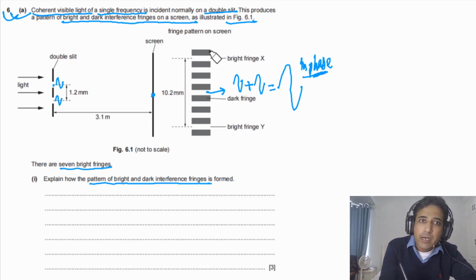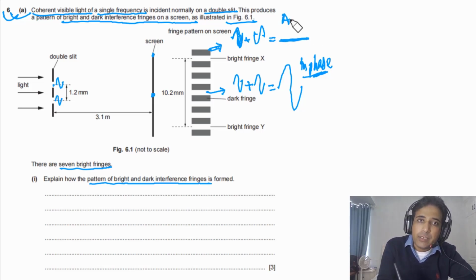Now if you look at dark fringes, I'll be looking at this fringe. A dark fringe is formed when the waves reach the screen, reach this point, but they are in anti-phase, 180 degrees. If the phase difference between them is 180 degrees, they will cancel each other, so we will see no light.